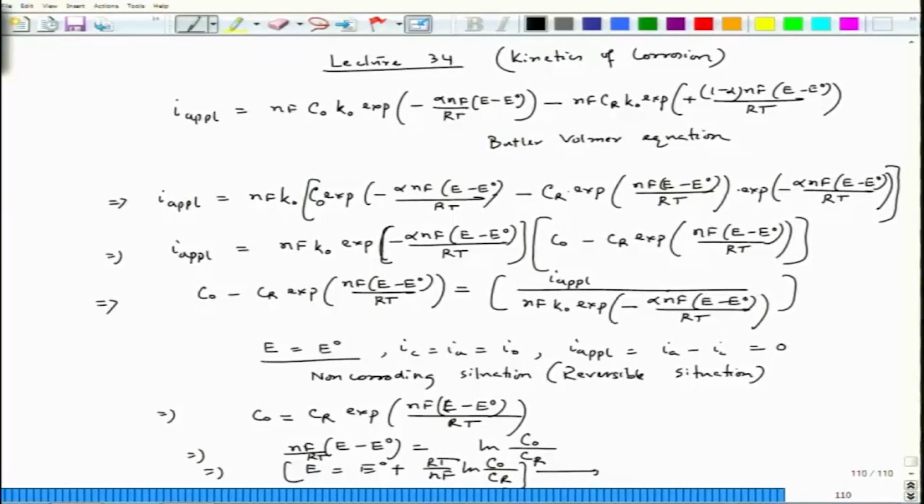So, this is nothing but Nernst equation. So, we are also getting Nernst equation.